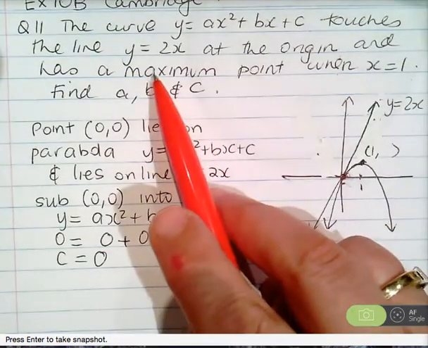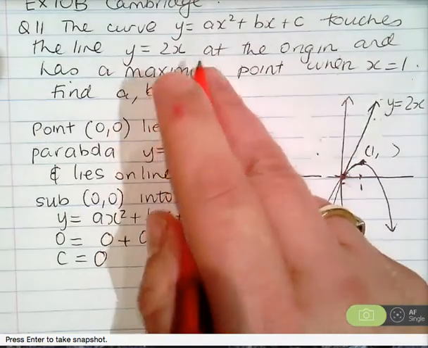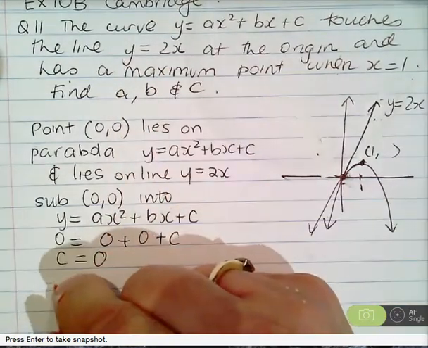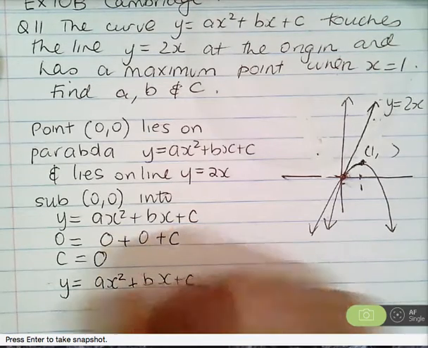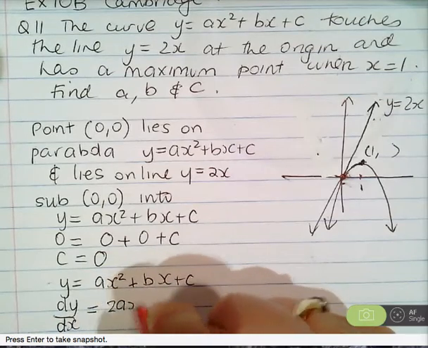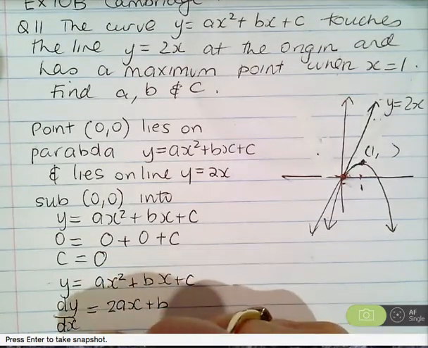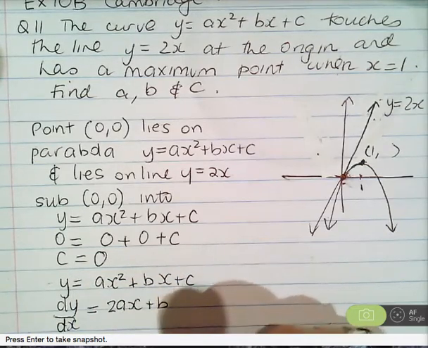Now, we know that there is a maximum point on that parabola when x is 1. Now, maximum point is a stationary point. So if y equals ax squared plus bx plus c, then dy dx, or the first derivative, is 2ax plus b. Now, we know that there is a maximum when x equals 1.